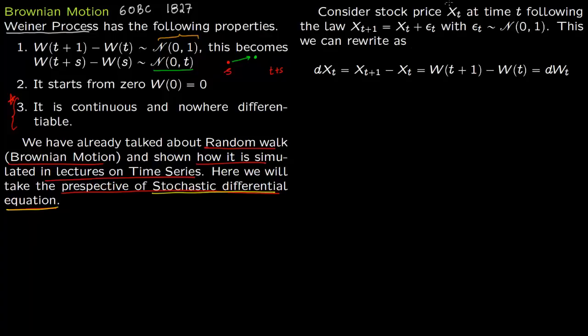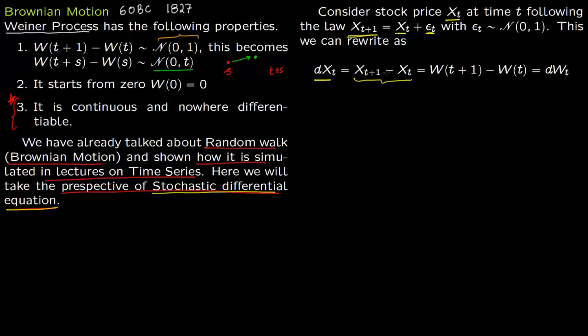Say you consider a stock price at time t as x of t, and this follows a law. At time t plus 1, the stock price is dependent upon what it was at time t plus some random shock, and this random shock comes from the normal distribution with mean 0 and variance 1. Now you can rewrite this difference x(t+1) minus x(t), taking x(t) to this side, as dx(t).